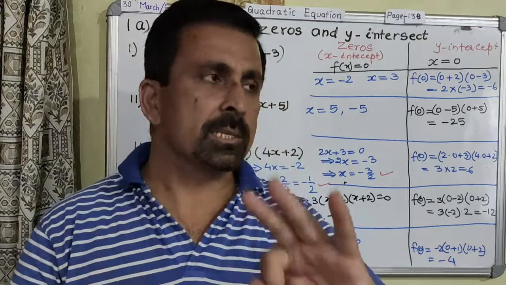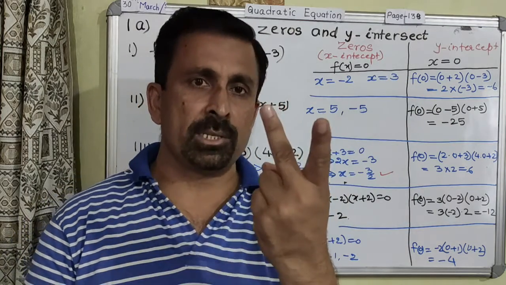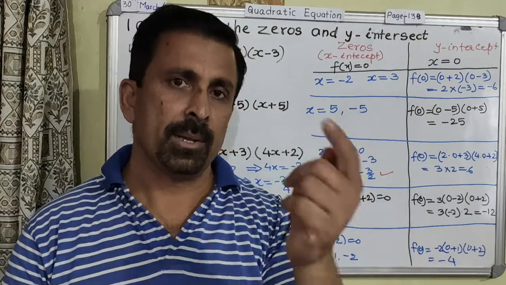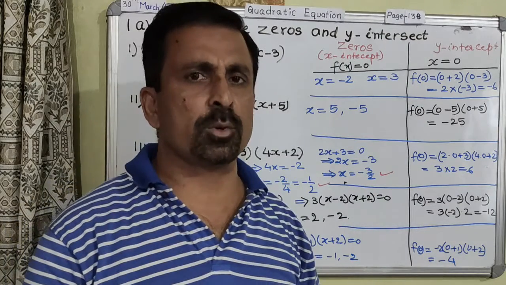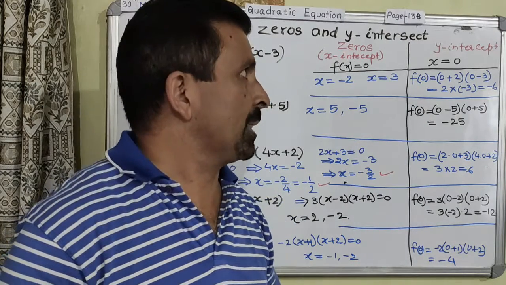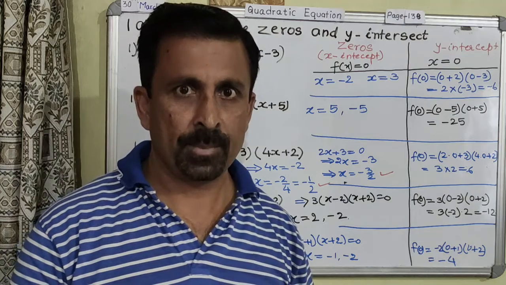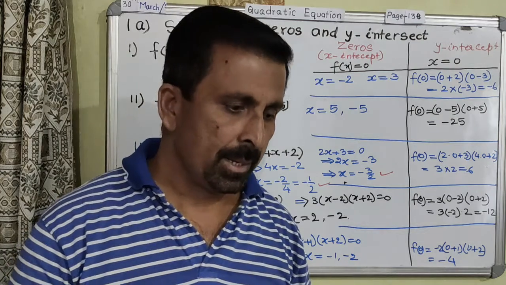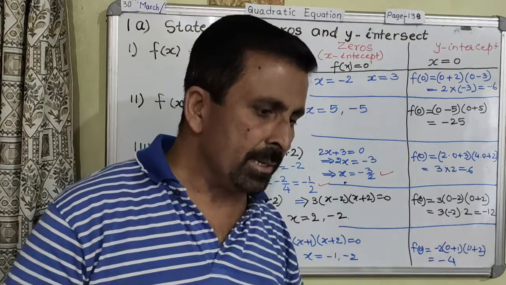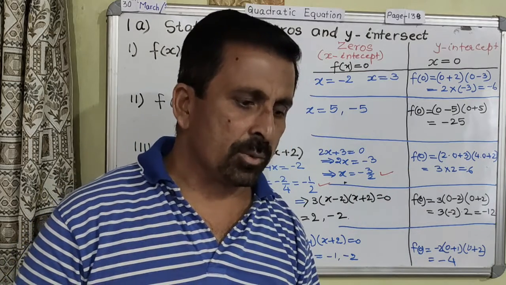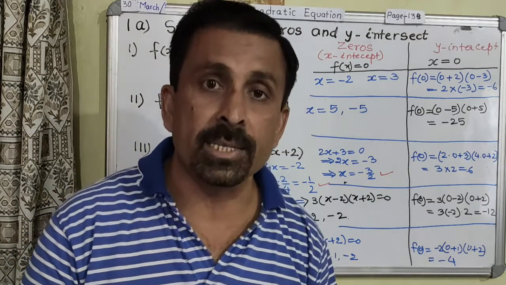Out of these three things, in this question we have learned two things: the x-intercept and the y-intercept. After these 5 questions, you might have very clearly understood how to find them. Is this okay? Now regarding these 5 equations, in part B we are asked to calculate the coordinate of the vertex.